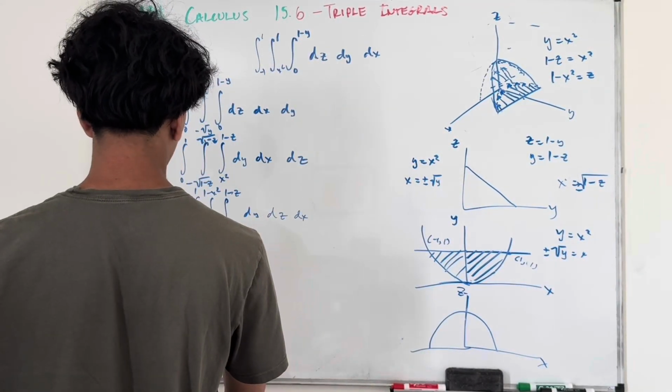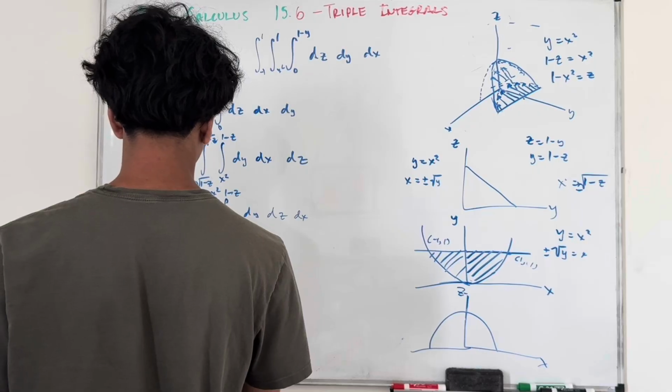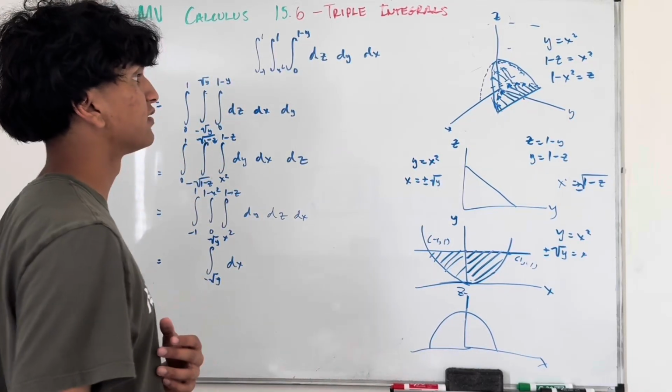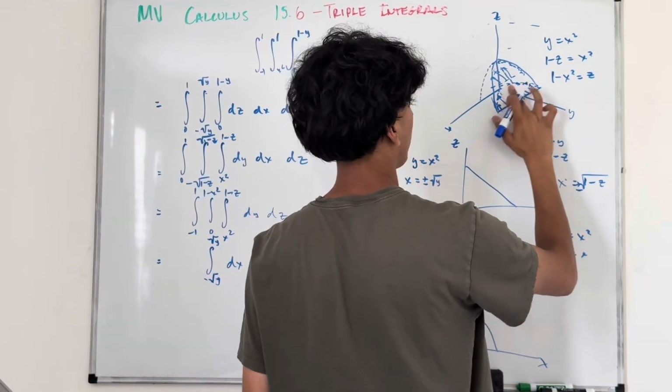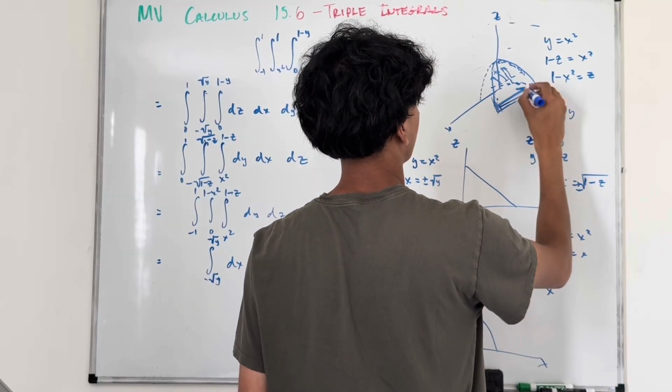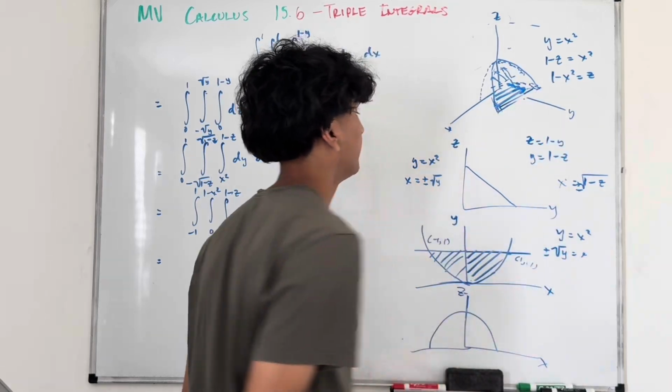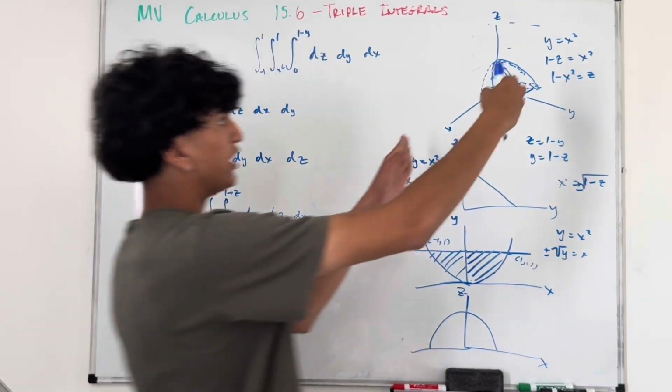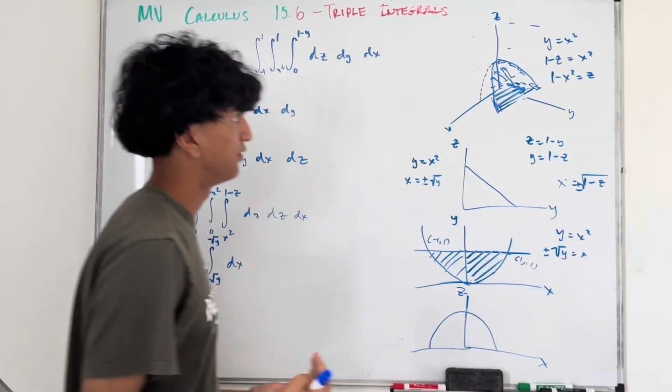And once again, this makes sense because when I'm going from left to right, or right to left, the bounds of integration don't depend on the height per se.